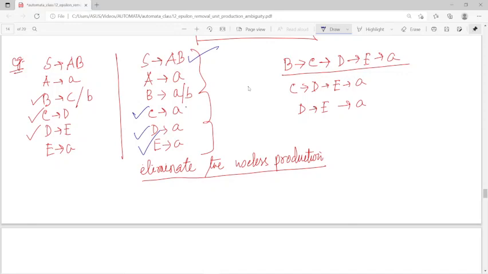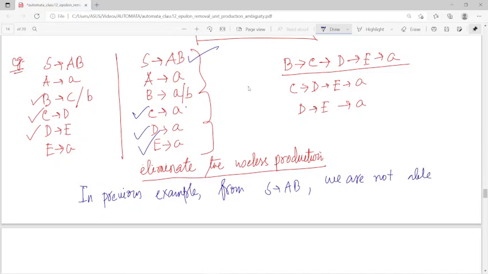Because these production rules, you can never reach them from the start step. So in this previous example, from S to AB, in this production we are not able to generate terminals using C, D or E, right?